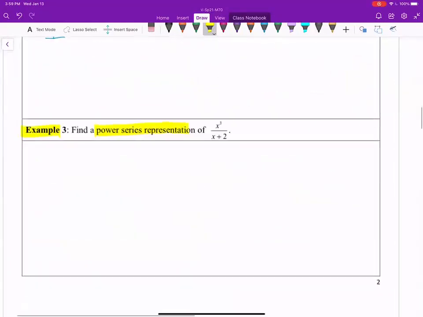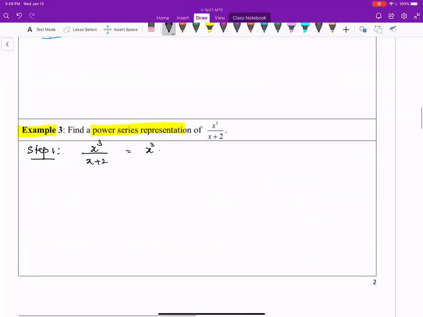So that is the one that we will be using in this problem because we already did that in the previous example. So write x cubed over x plus 2 as x cubed times 1 over x plus 2. From the previous example, we can write this as x cubed times sigma.